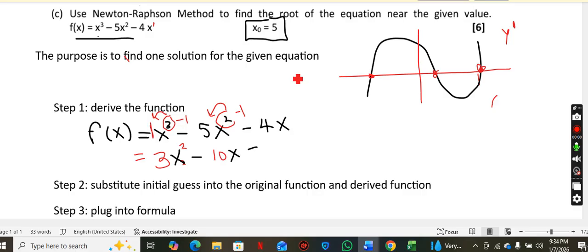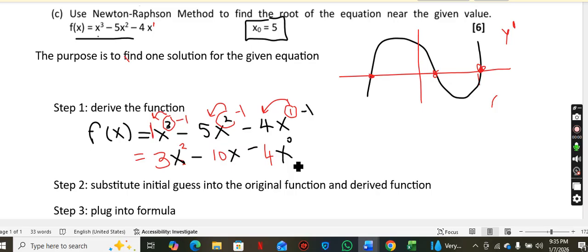So you multiply the power 1 by 4, that is 4, and then you subtract 1 from the power. 1 minus 1, that is 0. So we have derived 4x to the power 0.